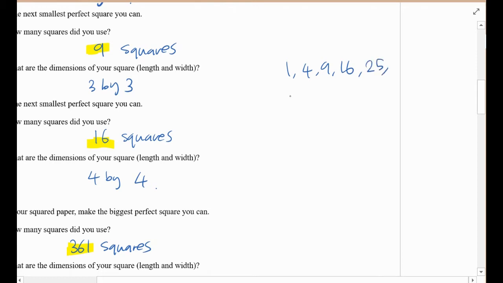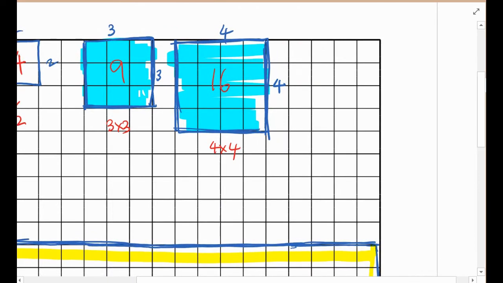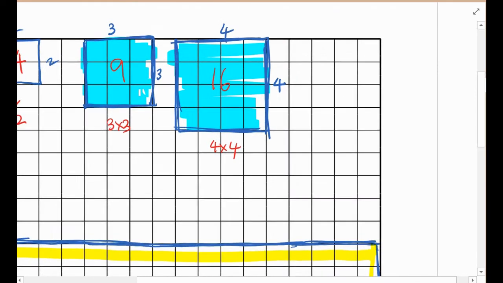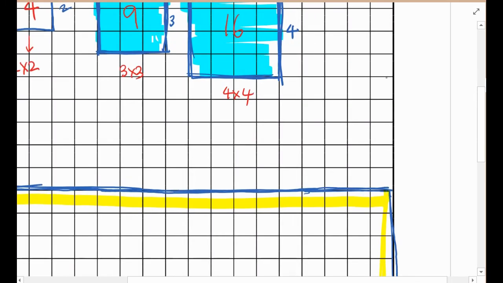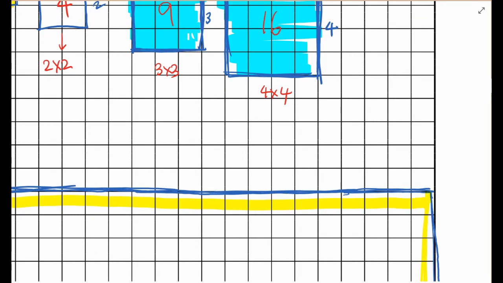What's the next one? 36. What's the next one? 49. How would you find those numbers? We can just simply draw the next one. So we have a 4 by 4 square, so we draw a 5 by 5 square and count the number of squares inside. Okay? So that is how you find perfect square numbers.